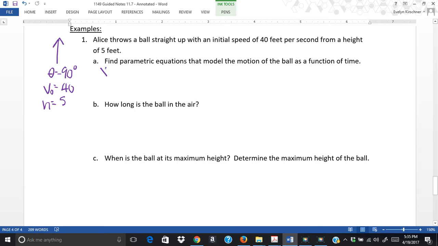So x equals V naught cosine theta t, which is just 0, because if it's going straight up and down, it's not moving anywhere in the x direction.